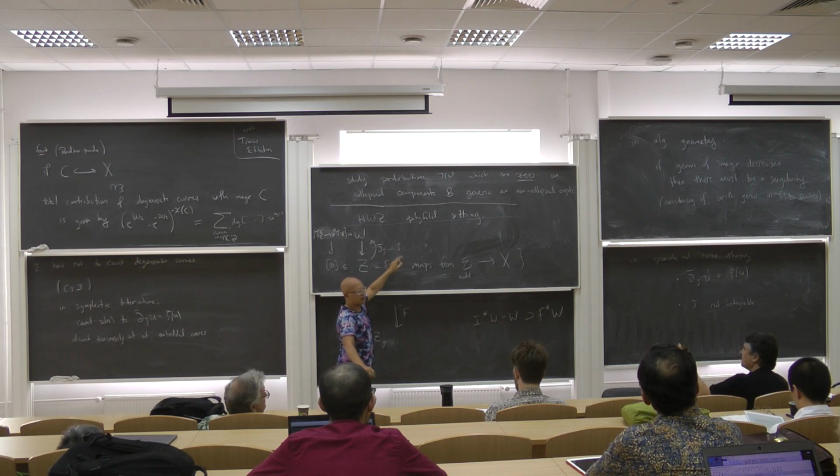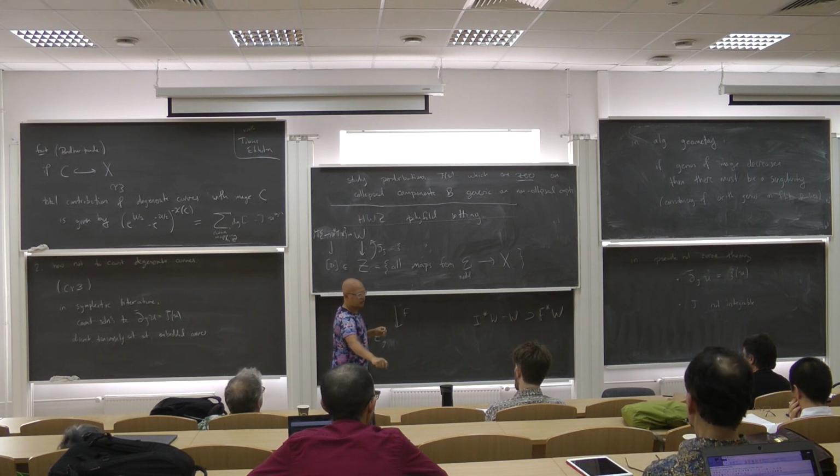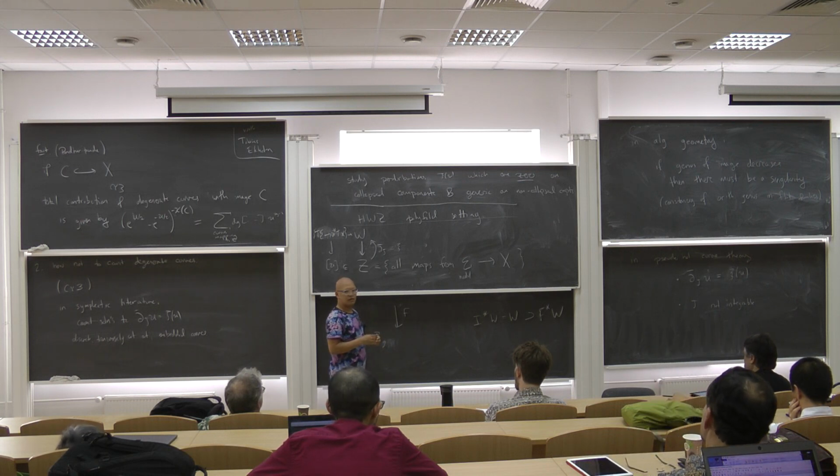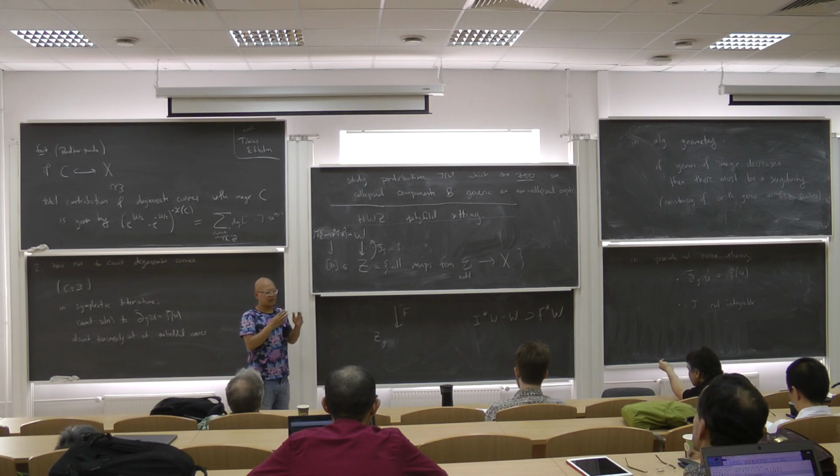Yeah, but W doesn't have any perturbations in it. The W is a space of such maps, and these maps have to have a certain regularity as you go to the marked points. Let me ask the question.